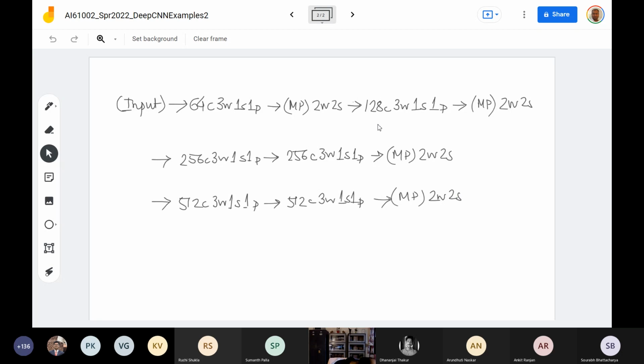From there again to, now here, then we will have a fully connected 4096.